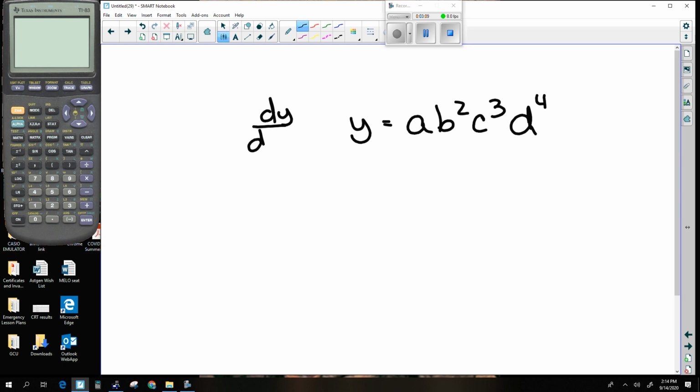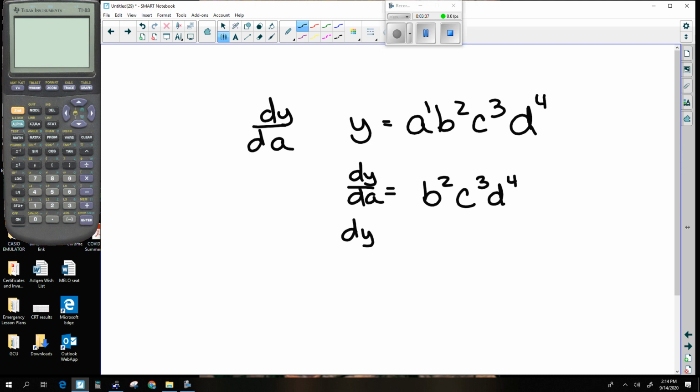So what would be dy dA? You're taking the derivative of y with respect to a, so focusing on this a. Think of the a like the letter x. So that goes away, and that leaves b squared, c to the third, d to the fourth.